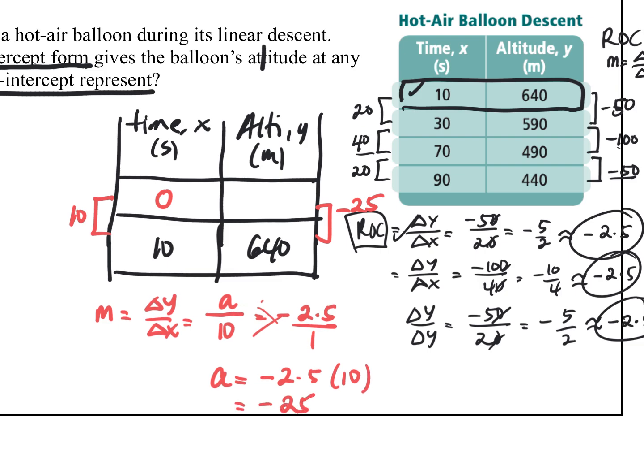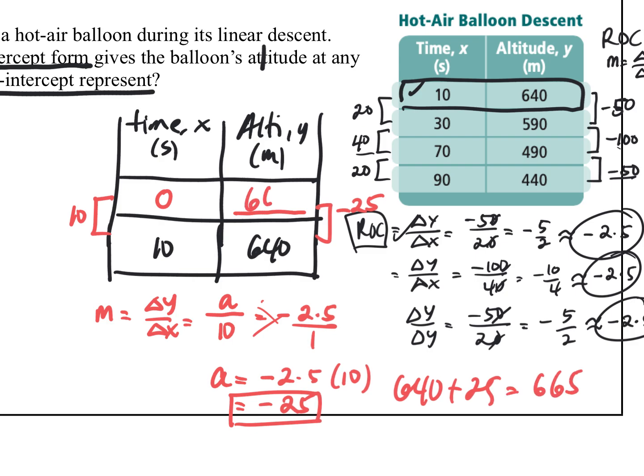That gives me negative 25. Now what will I do with this a? To know the altitude when time is equal to 0, I just add this to the 640. So 640 plus 25 is going to give you 665.